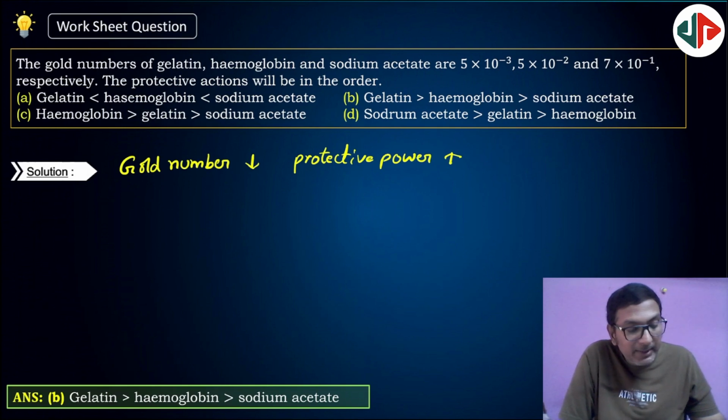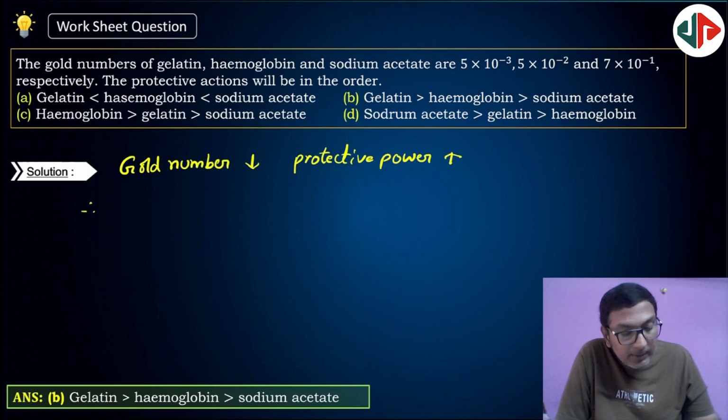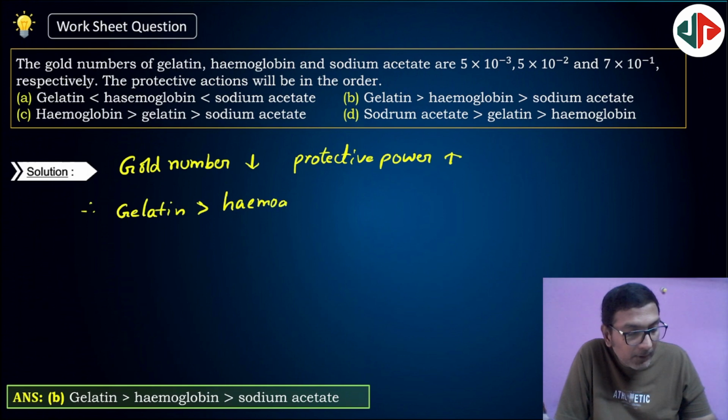See, gold number is minimum for gelatin. So therefore, first one gelatin, after that hemoglobin, and at the last sodium acetate.